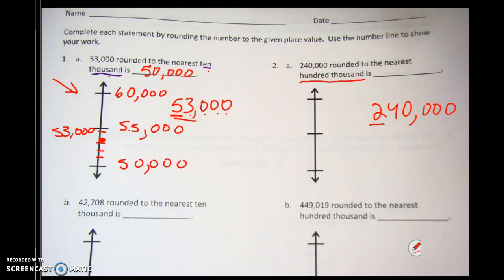Because that 9, I can't put a 10 in that place value. The 1 goes over into the millions. Get it? Got it. Okay, so if I'm counting by 100,000s, what's the 100,000s value? 2. So this is 200,000. What's the next 100,000? 300,000.